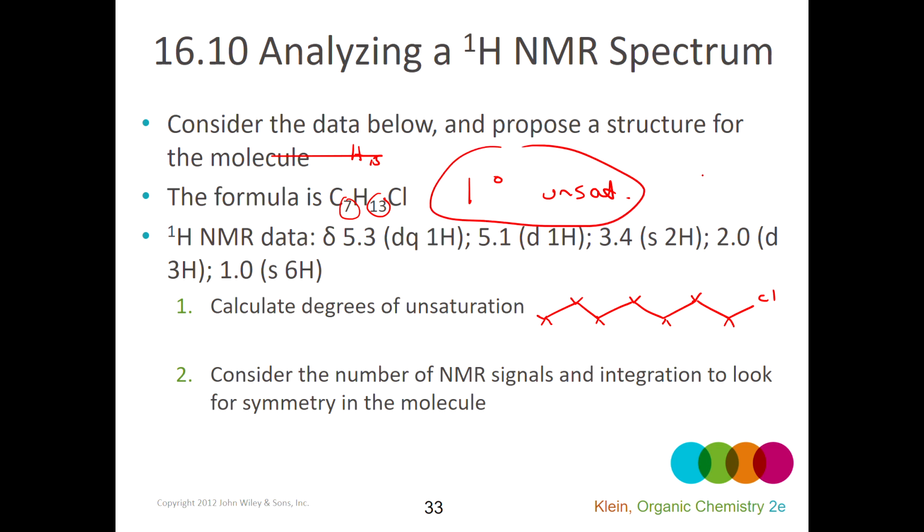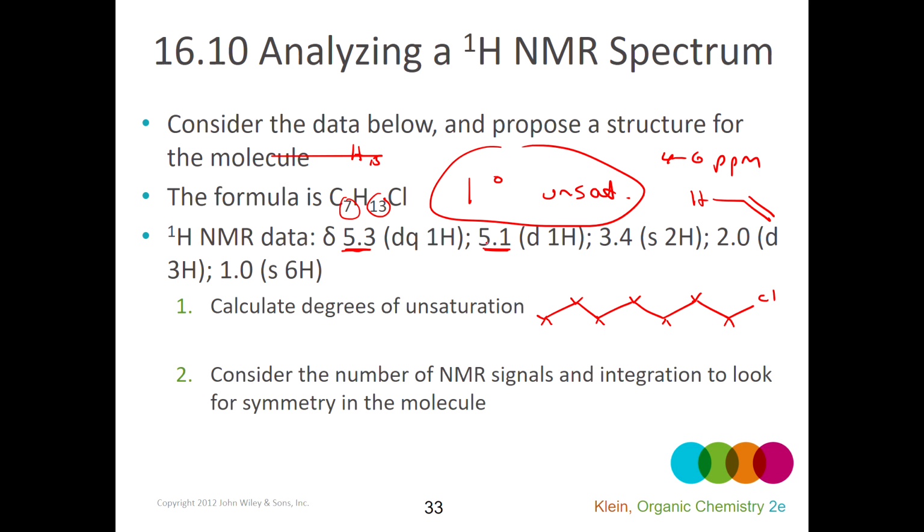Is it likely to be a ring, or is it likely to be a double bond? Well, there I can look to the NMR. Right? So what we've been saying about these NMR signals is that signals that usually come between 4 and 6 ppm are usually hydrogens that are bonded to an alkene.